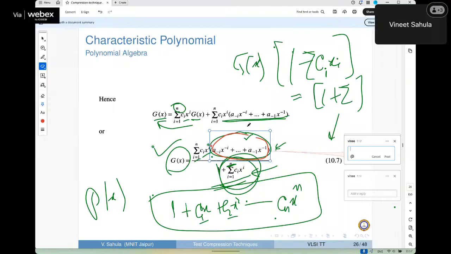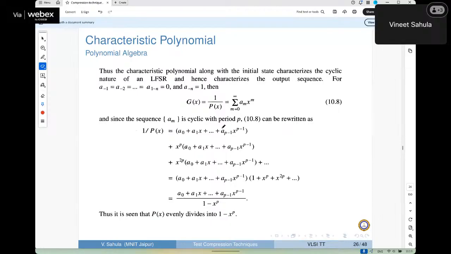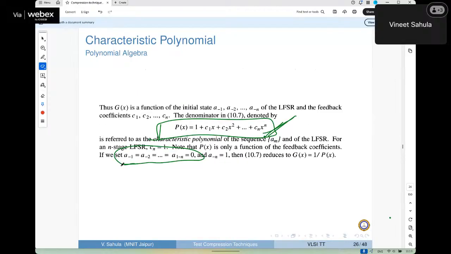So your initial state will actually guide your output sequence. What initial state is? In general, we can take all zeros and last have to be 1 actually. Then this sequence will merge to 1 only, single 1. This here. All zeros, only A and 1.